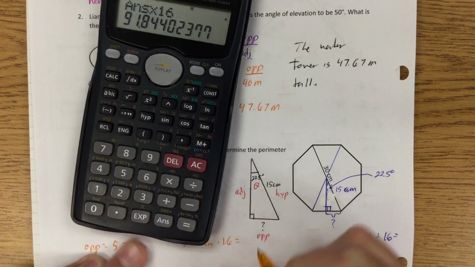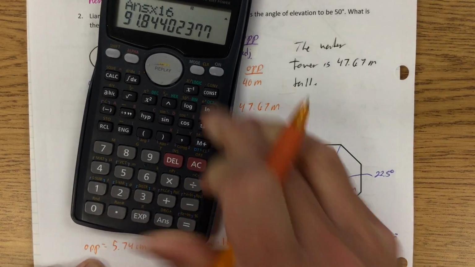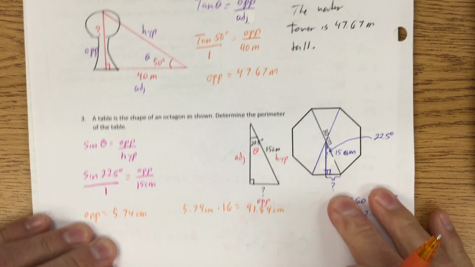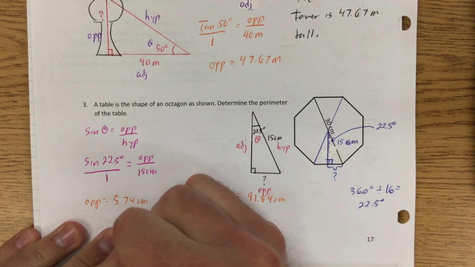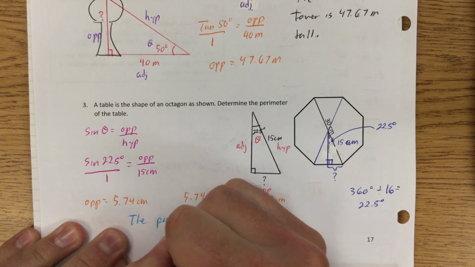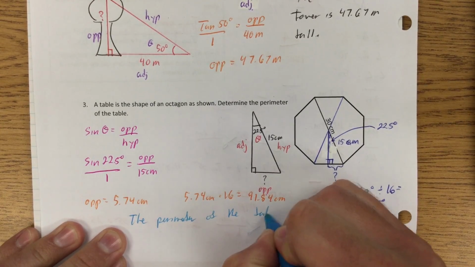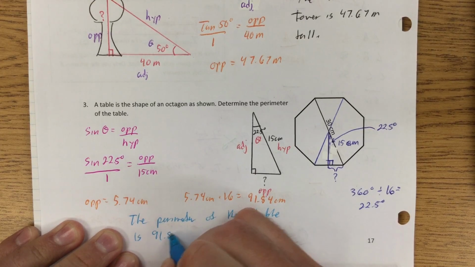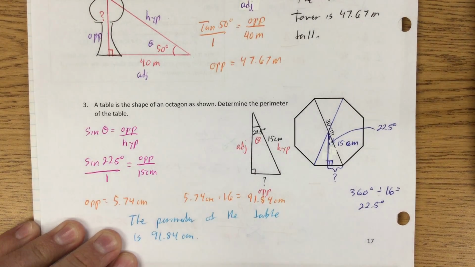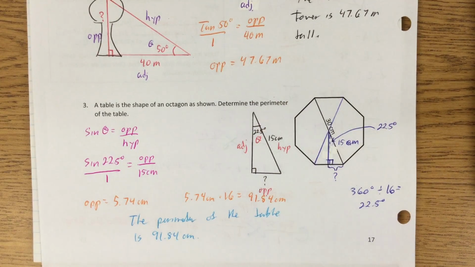And we get 91.84 centimeters. All right, I know that's a lot of work, a lot of little intricacies. If you have questions, you can ask in class. The perimeter of the table is 91.84 centimeters. Okay, we find the edge of the triangle and we multiply it by 16.